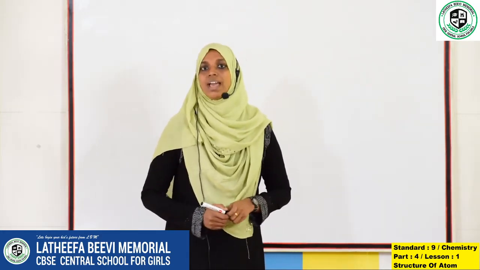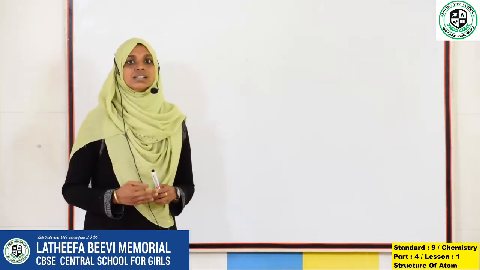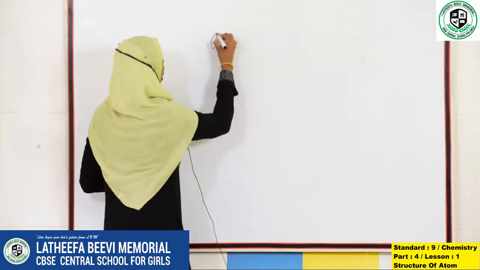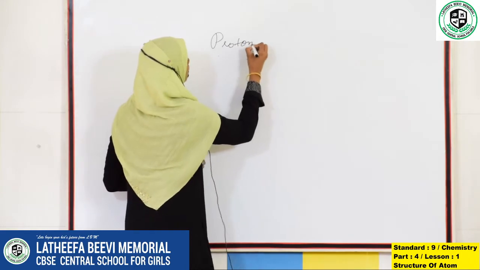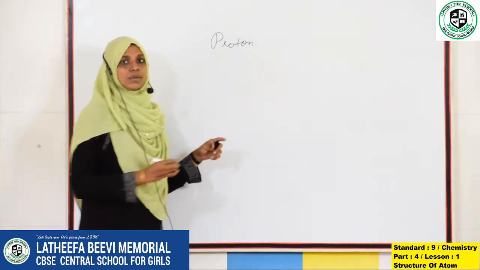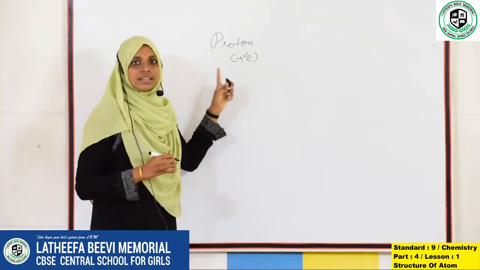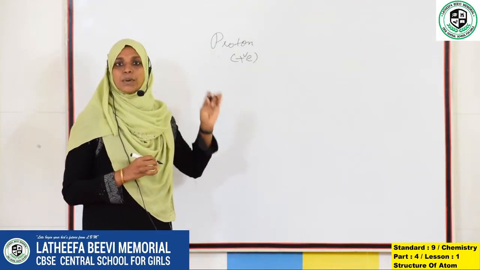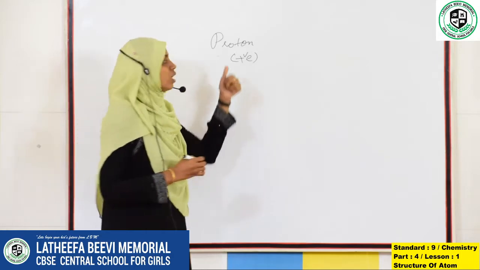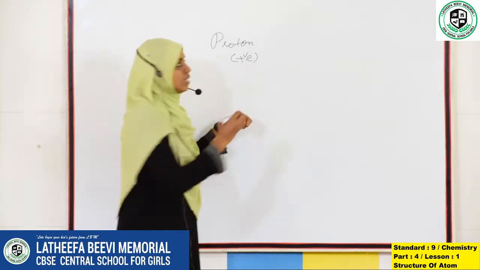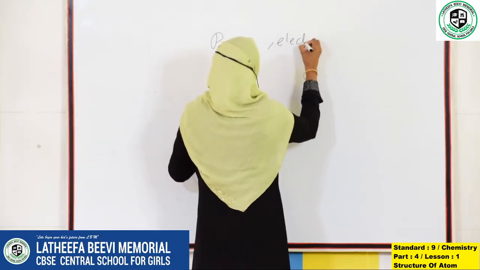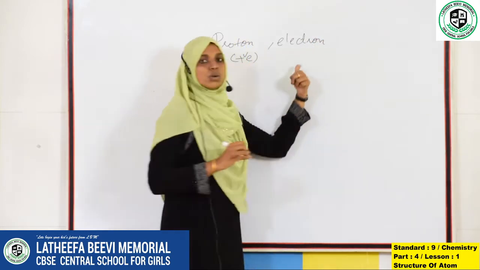We know that an atom consists of 3 particles, namely proton, electron, and neutron. Proton possesses a positive charge.